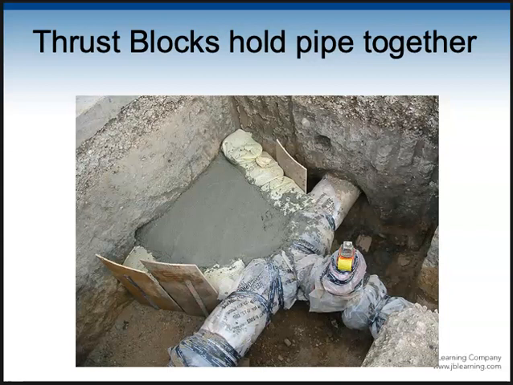In these different areas, NFPA 24 even says how big or small the thrust blocks have to be and what kind of concrete, how much concrete, how much sand, how much water has to be used so that it won't move when they put water in it.